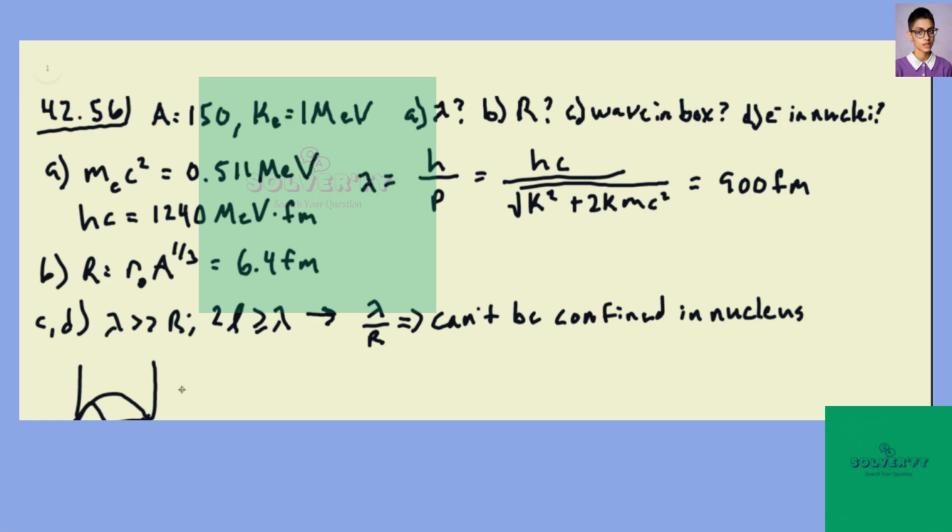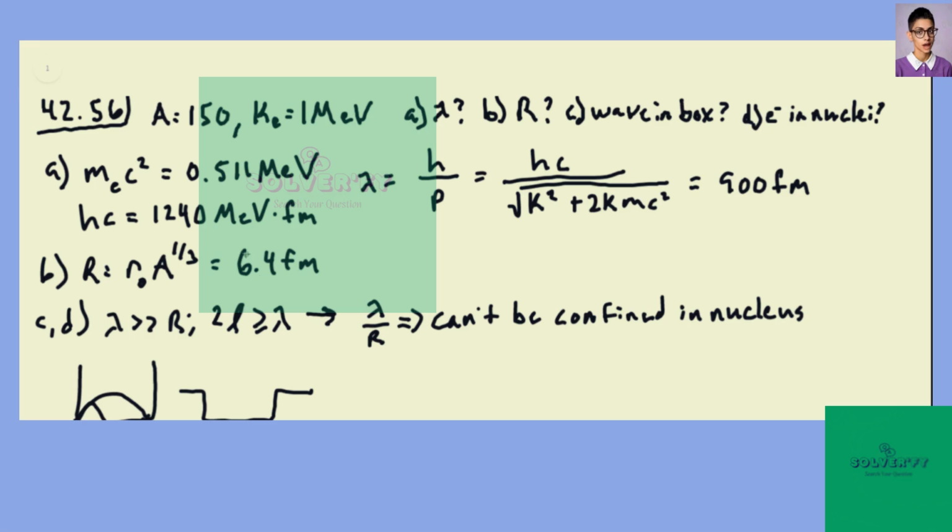It is true that with a finite well, the wavelengths can be slightly bigger because they kind of bleed out into the portion outside of the well and so on, but not a whole lot of a difference there.